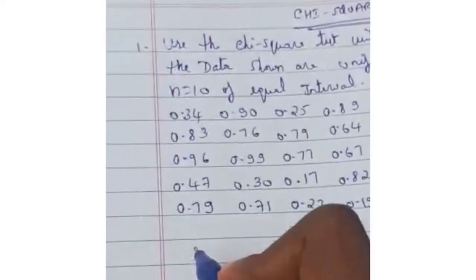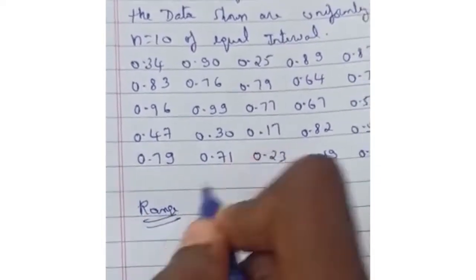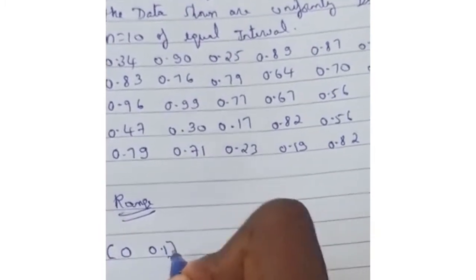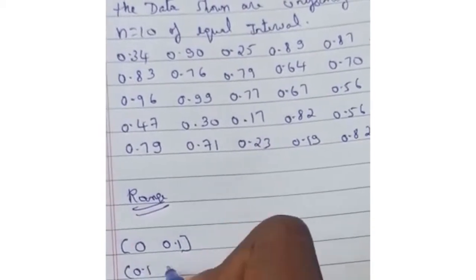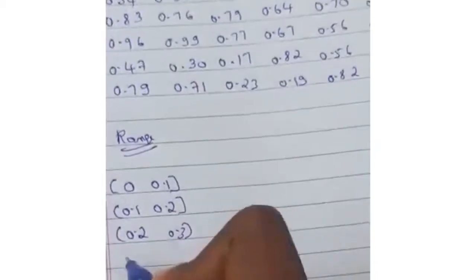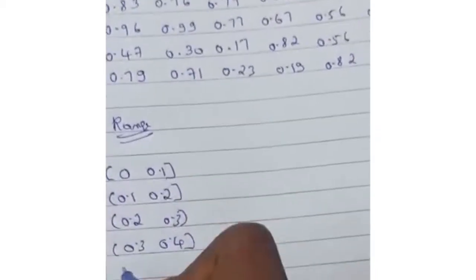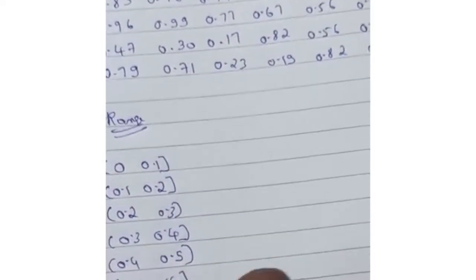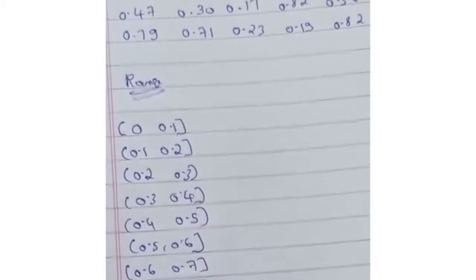The range I'm going to divide: excluding 0, including 0.1, then 0.1 to 0.2, 0.2 to 0.3, 0.3 to 0.4, 0.4 to 0.5, 0.5 to 0.6, 0.6 to 0.7, 0.7 to 0.8, 0.8 to 0.9, 0.9 to 1.0.